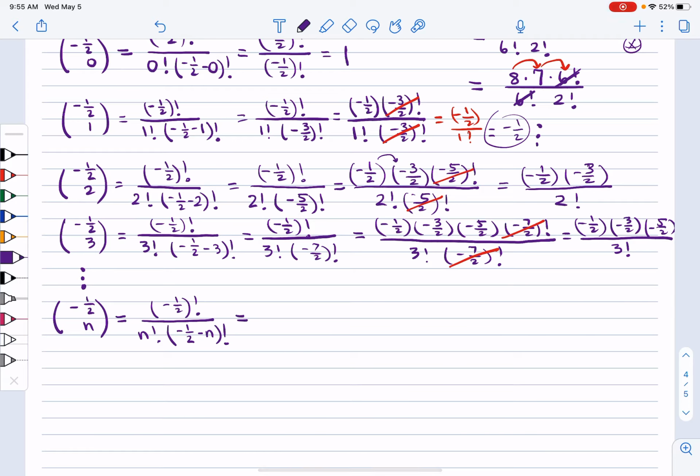Well, that will be equal to negative 1/2 factorial over n factorial.